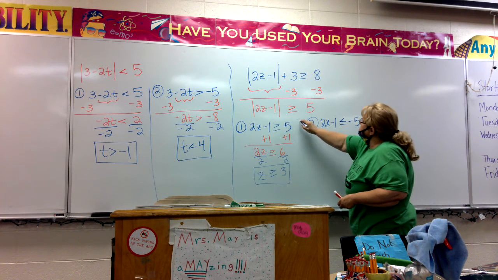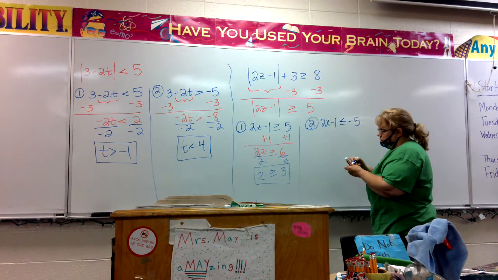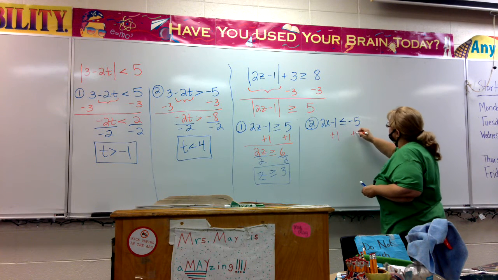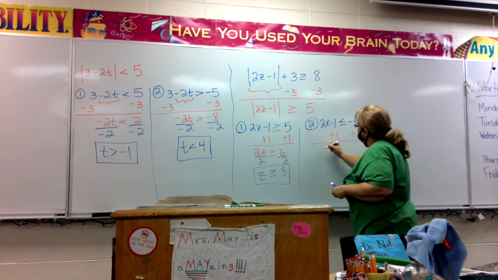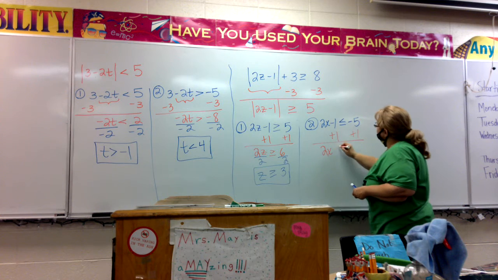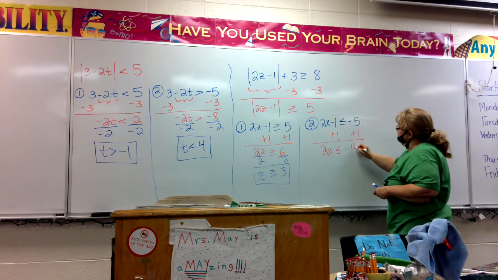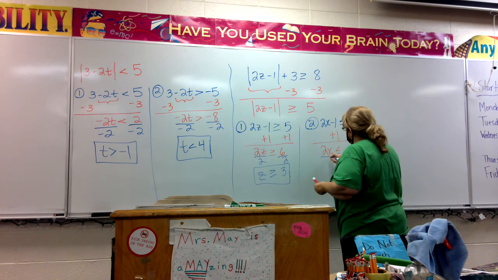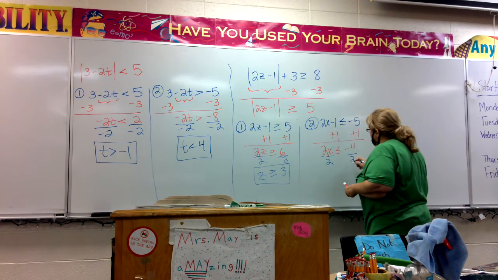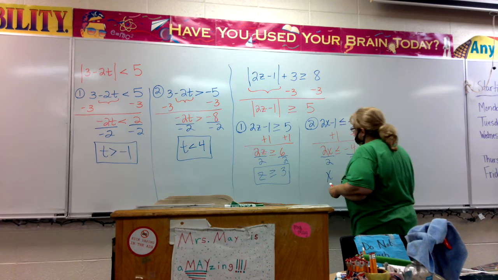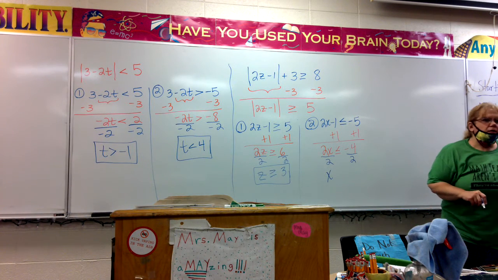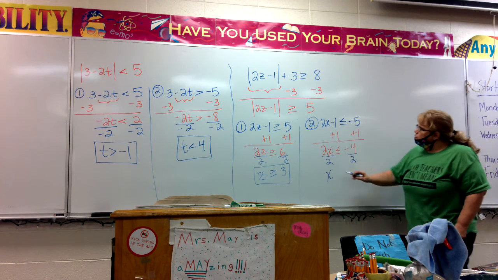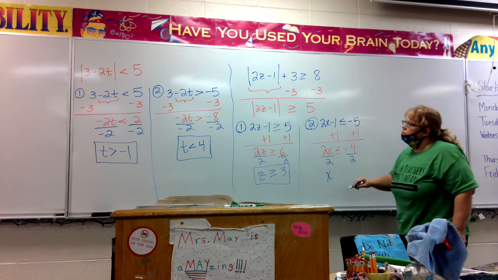And for this one, add 1, and I get 2z less than or equal to -4. Divide by 2, divide by 2. Flip the inequality? No, don't flip it, because we're dividing by a positive 2.